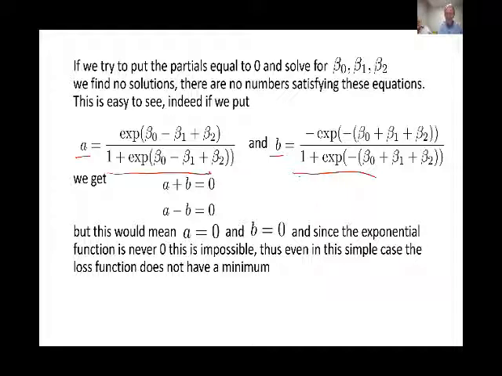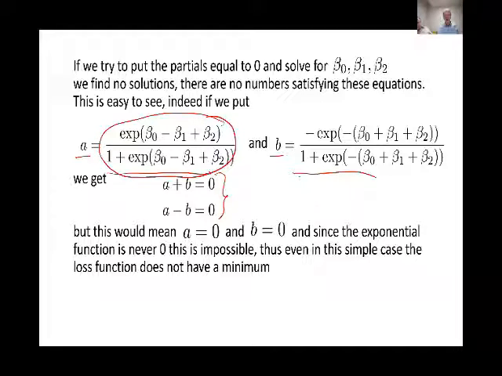But if I try to write down the equations in terms of A and B, I get three equations, but two of them are these: A plus B is equal to 0, and A minus B is equal to 0. The only solution for these equations is both A and B equal to 0. That would mean, for instance, that A here is equal to 0.